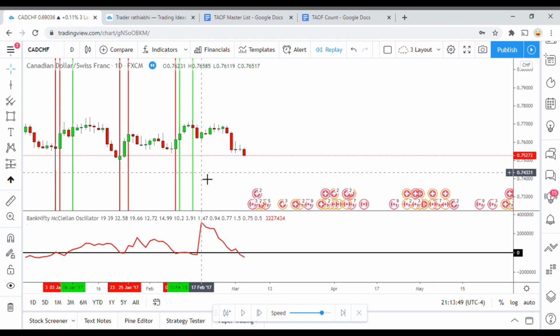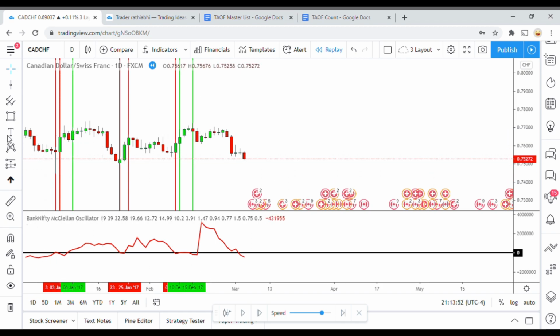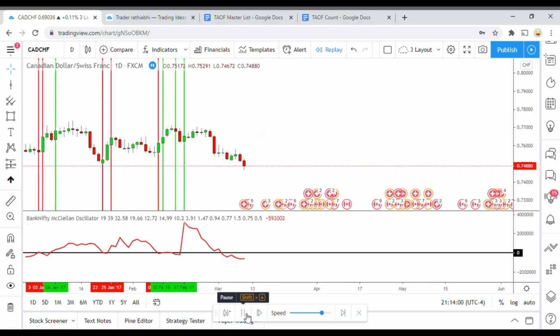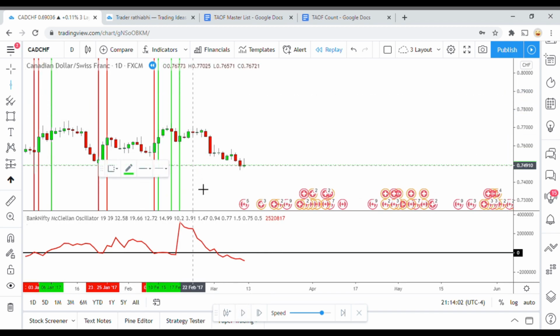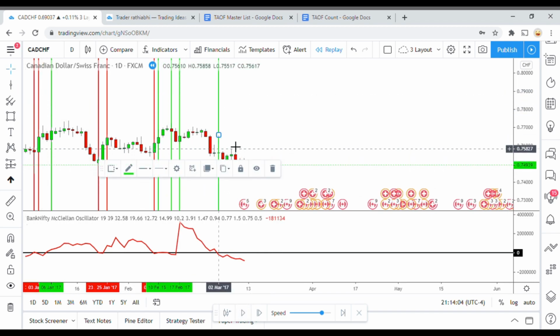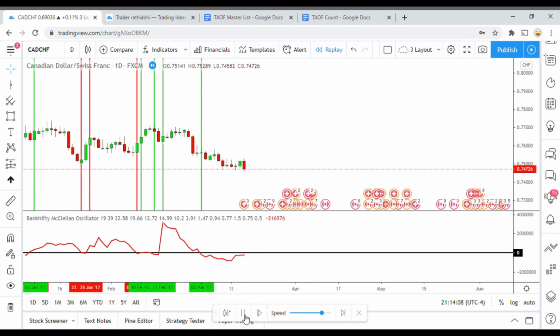Let's see, so then it threw a long signal here. That one was pretty decent, not horrible. Then a short signal there. Let's play this one out, getting us another winning trade right there as well.